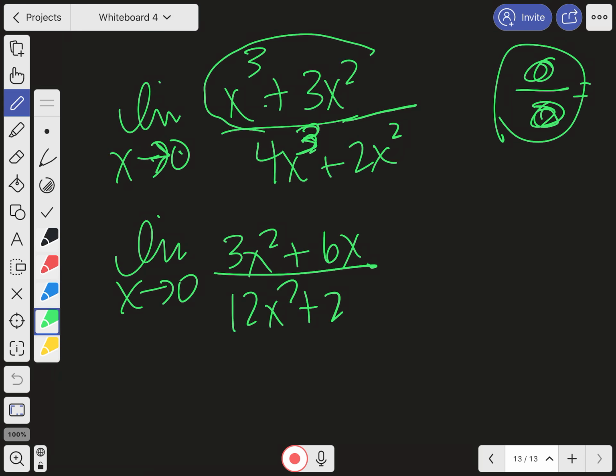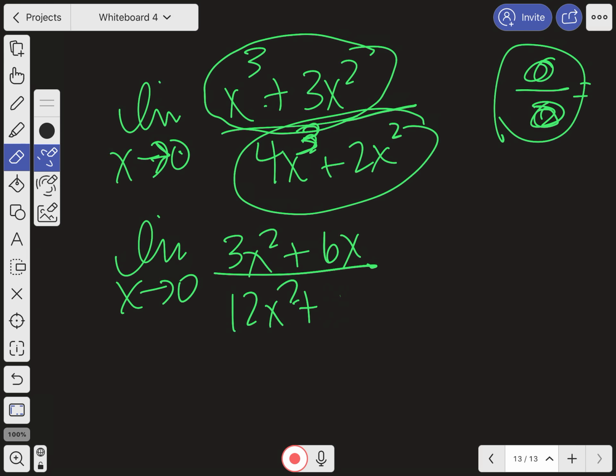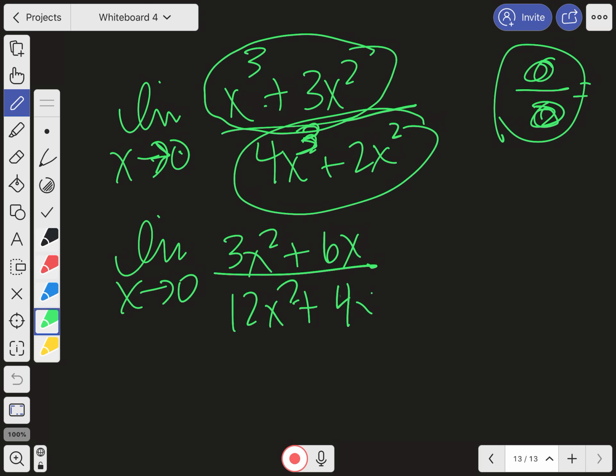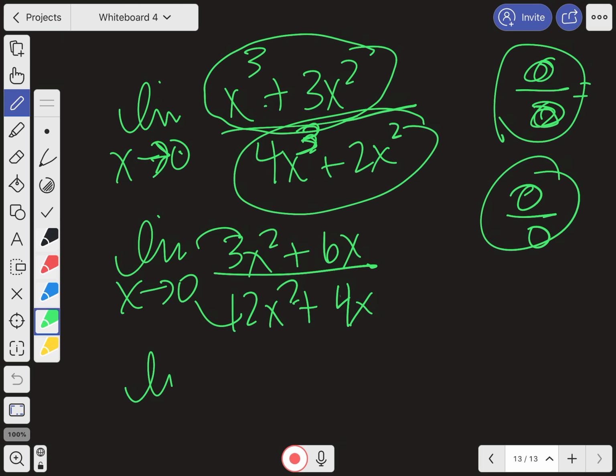I'm using L'Hopital's rule. The derivative of the top is 3x squared plus 6x. The derivative of the bottom is 12x squared plus 4x. And the reason I wanted to plow ahead with this is now if you fill in 0, you still get 0 over 0. As long as you're still getting 0 over 0, you can continue to use L'Hopital's rule.